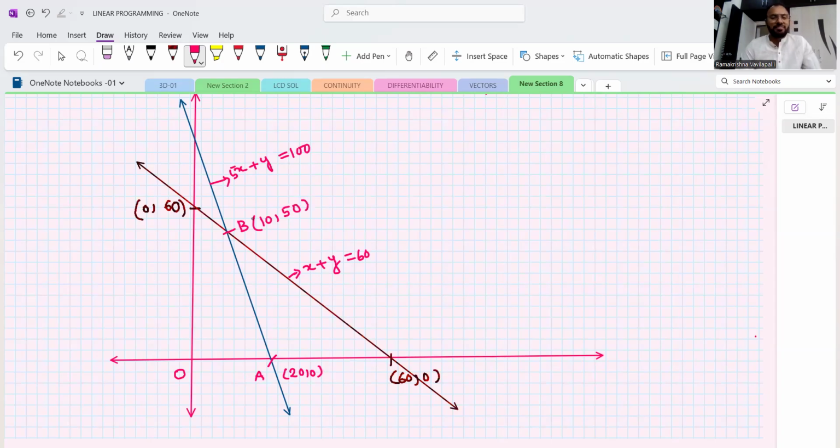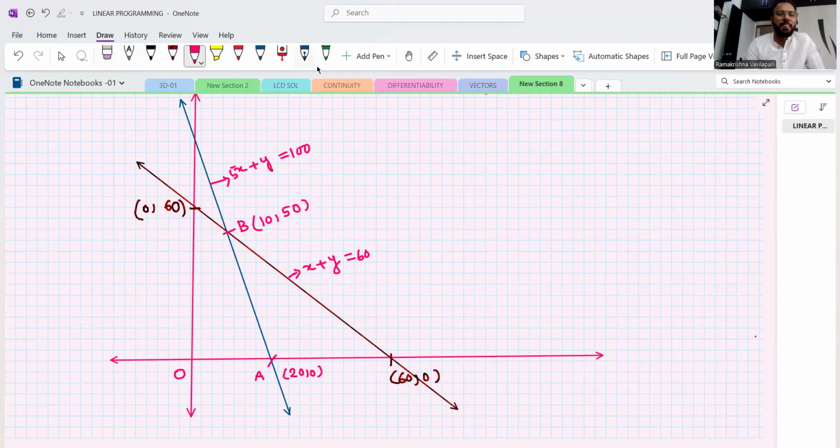All right. Now see, x greater than or equal to 0 means the right side of the y-axis, y greater than or equal to 0 means above the x-axis. It means we are in the first quadrant only. And x plus y less than or equal to 60 is below the line, and 5x plus y less than or equal to 100 is below the line.